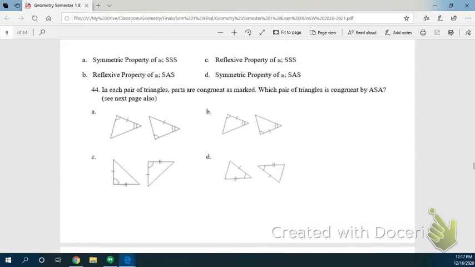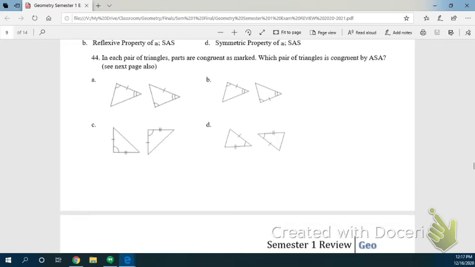Moving on to 44. We're just going to name the triangles as they're marked. This one is marked angle, side, angle, but then this one's marked angle, angle, side. So this one would be not possible. The next one is angle, side, angle, and angle, side, angle.